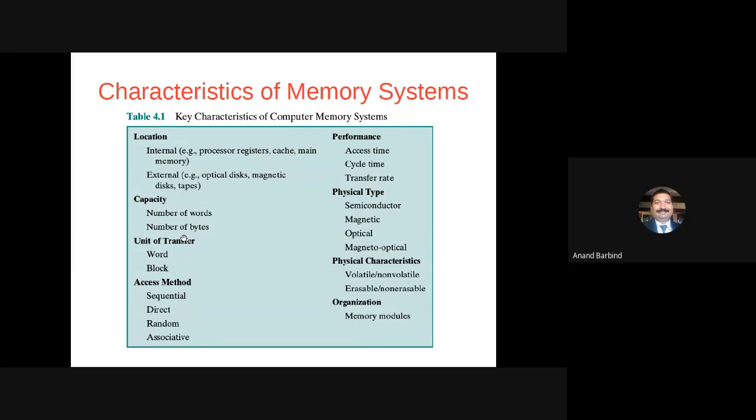Main memory nowadays is in gigabytes, whereas the external memory now comes in gigabytes or terabytes. So like that, you have different capacities for the memory, depending on the uses.